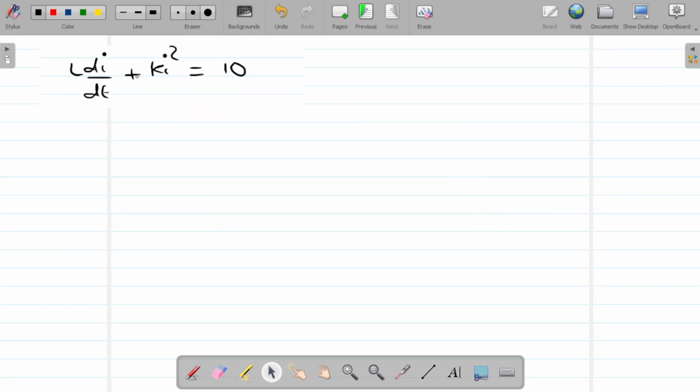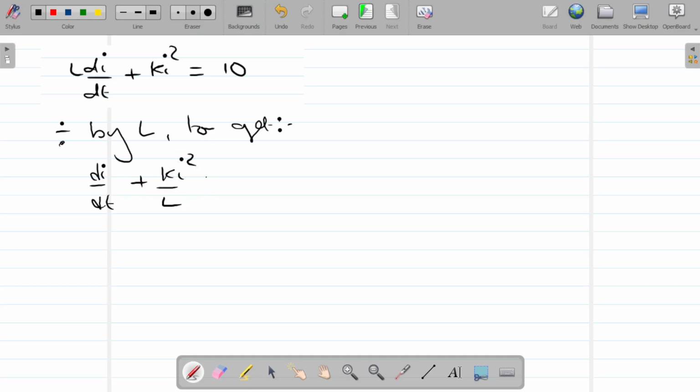Basically, we divide throughout by L to get di by dt plus Ki squared divided by L equal to 10 divided by L. Oh, and let's give these equations some labels.